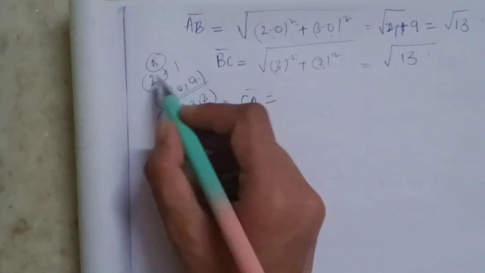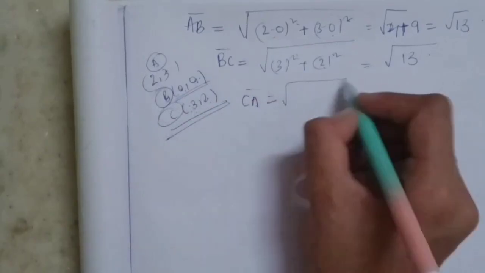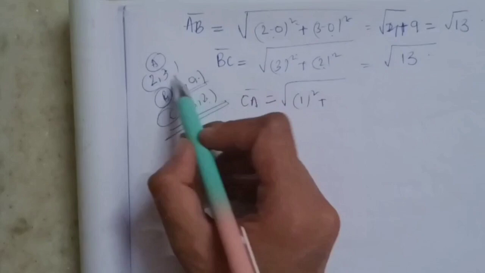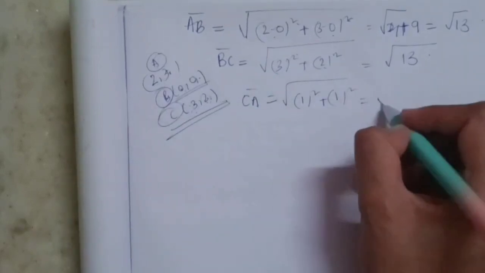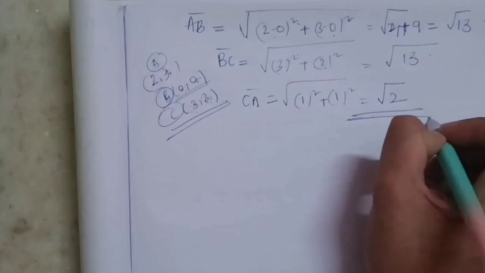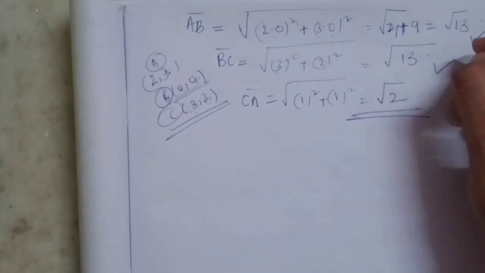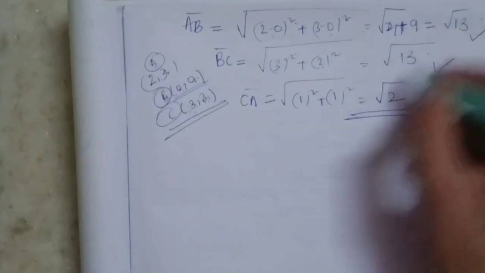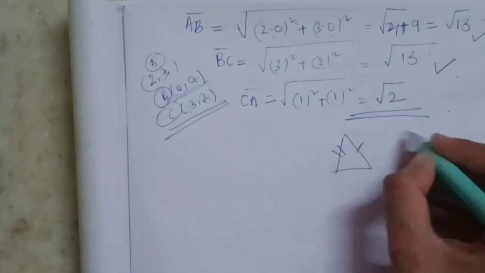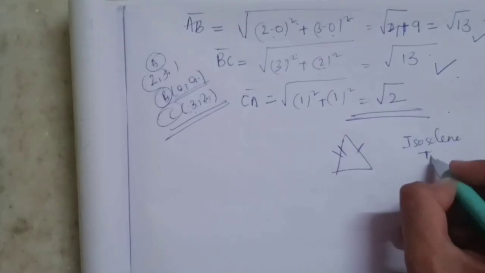The difference between the x coordinates 3 and 2 is 1 whole square, plus the difference between the y coordinates 3 and 2, 1 whole square. That is under root 2. So what is our conclusion? Which triangle does it form? We got two equal and the third one not equal. If two sides are equal, then it is called an isosceles triangle.